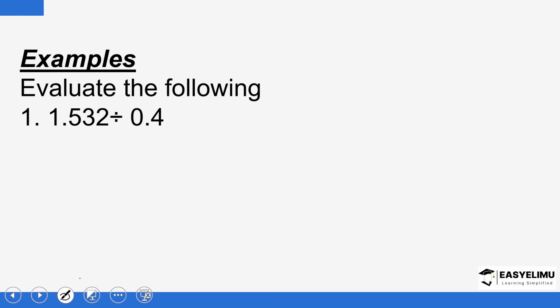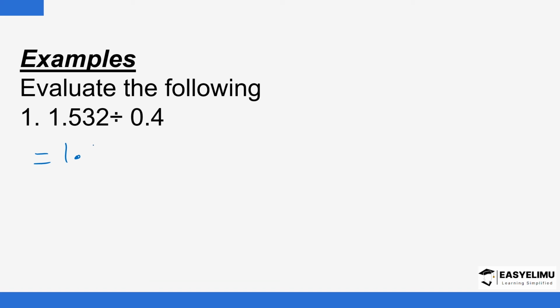First example. How that is done. So I have 1.532, and it is divided by 0.4.